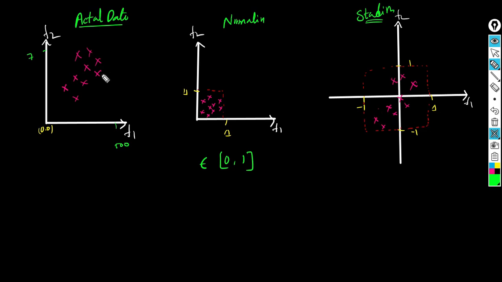If we apply the standardization technique on this data, we will get it like this. And here the range is between -1 and 1, and the distribution is also a normal distribution.